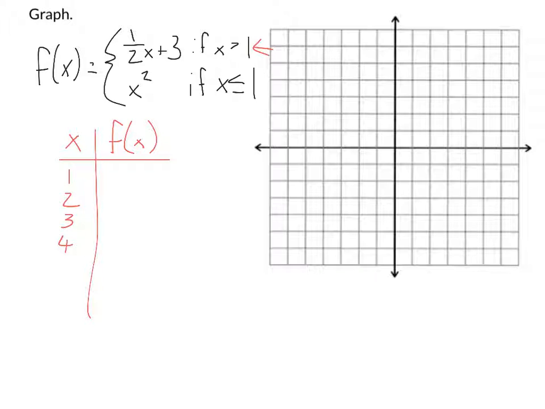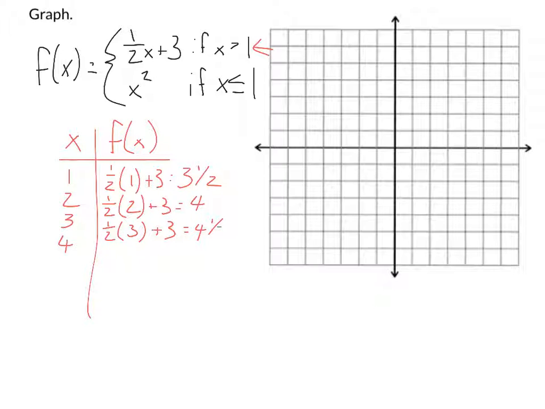Well, let's plug those in. We'll do 1/2 of 1 plus 3. Half of 1 is 1/2 plus 3 gets me 3.5. If we do half of 2 plus 3, half of 2 is 1 plus 3 is 4. Half of 3 plus 3 gets me 4.5.